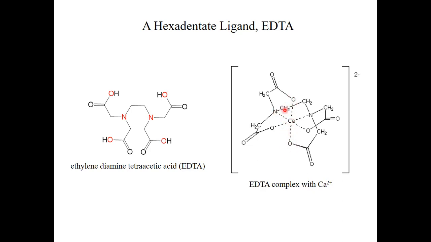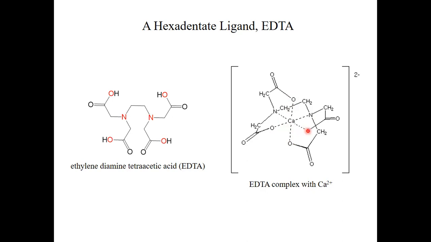You see here, these 2 nitrogens of the ethylene diamine unit are standing in cis position, and we have 2 remaining oxygen atoms of the 2 remaining acetic acid groups standing also in cis position. So overall, you see that this calcium is octahedrally coordinated by these 2 nitrogens and these 1, 2, 3, 4 oxygens.